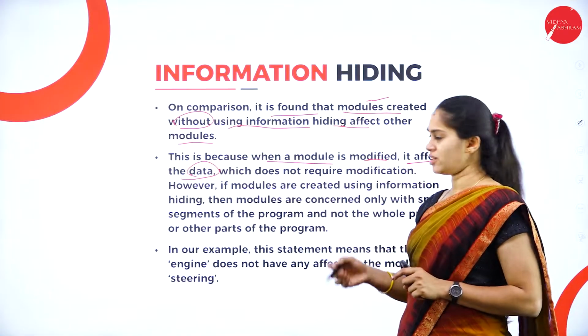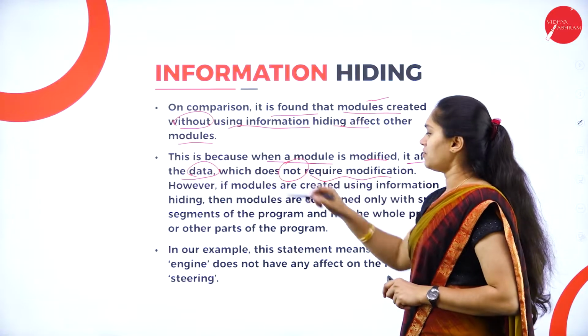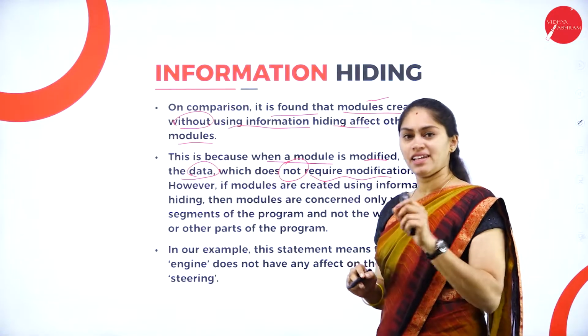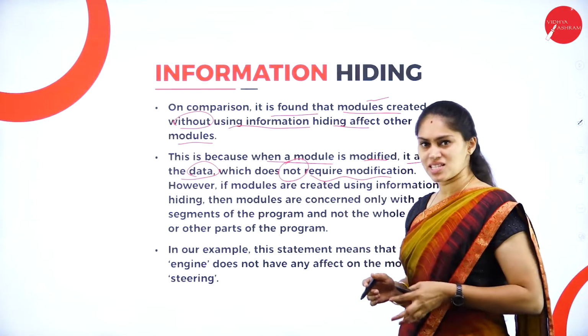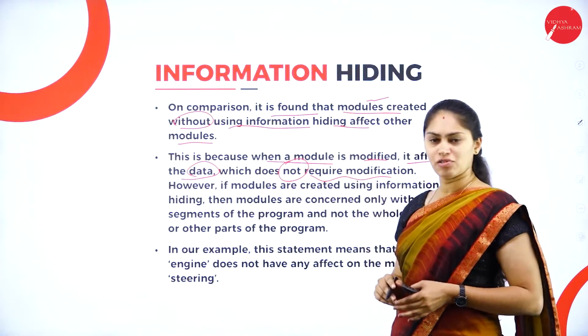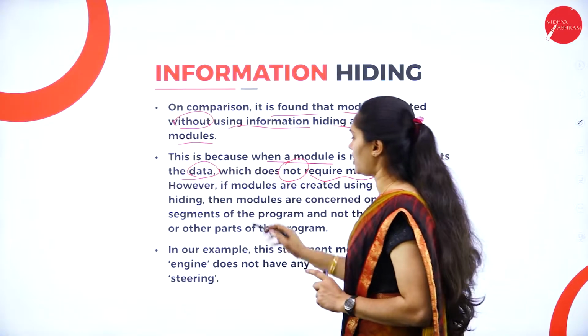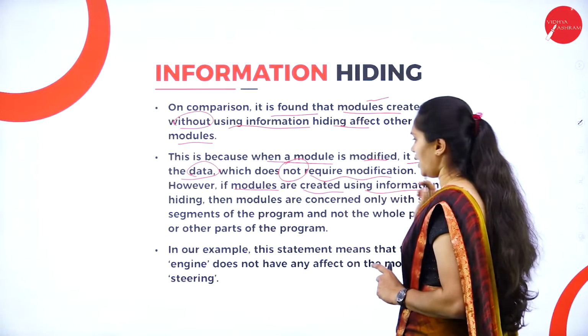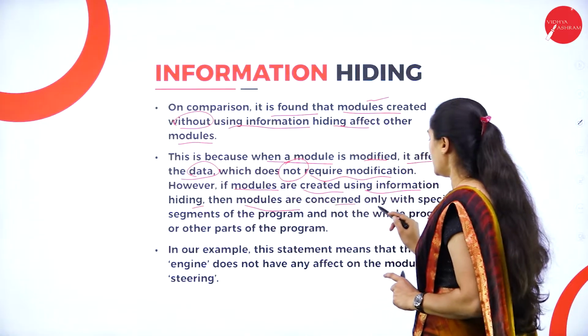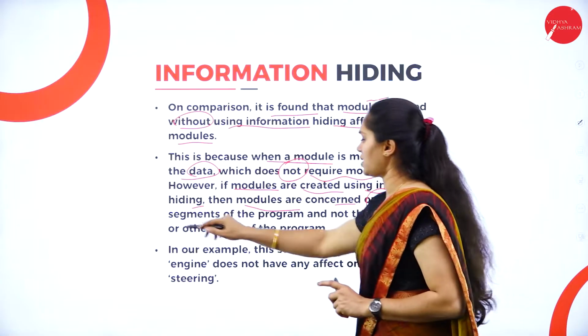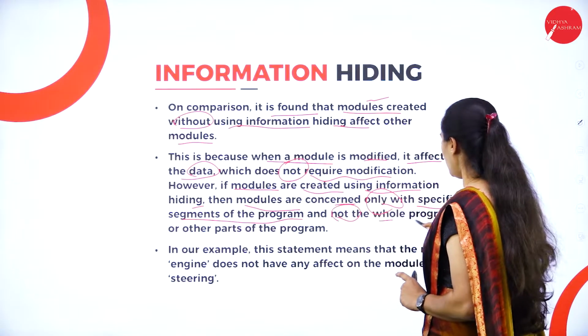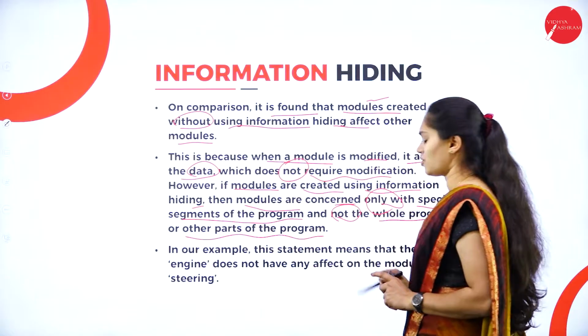Even though I don't require the modification, or don't want to change another part of the same system, without information hiding it may affect the content of another module. If the modules are created using information hiding, they are concerned only with specific segments of a program and not the whole program or other parts of it.